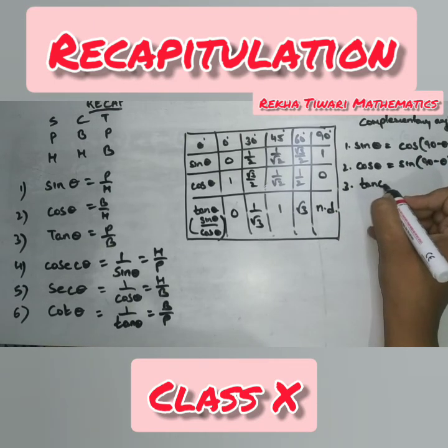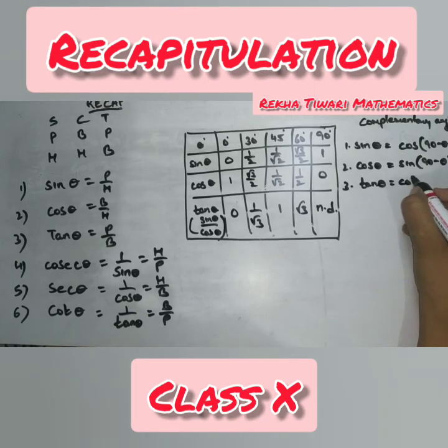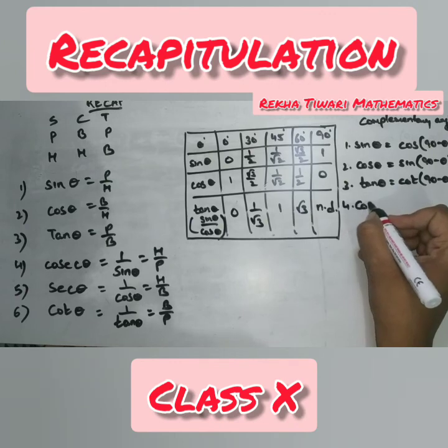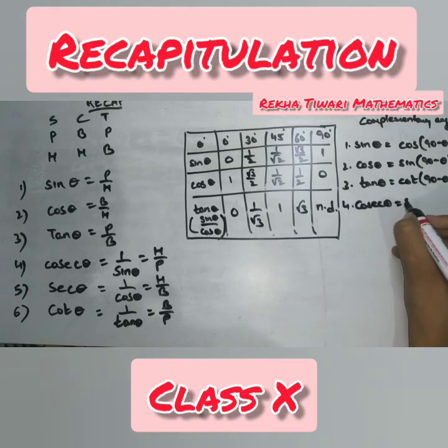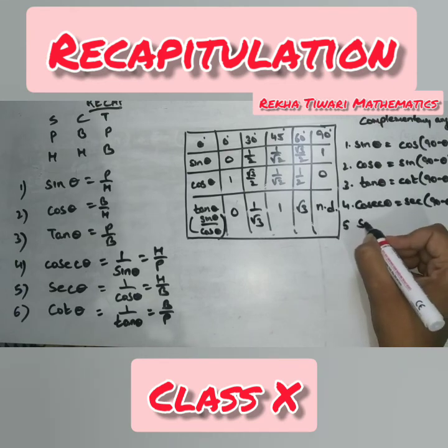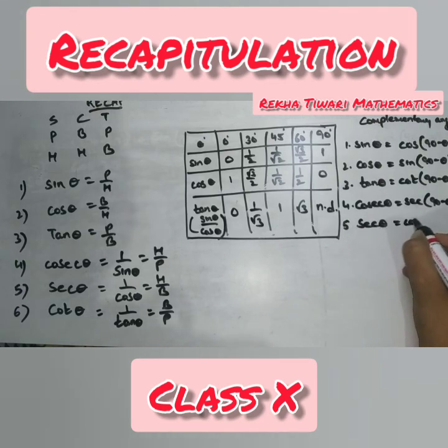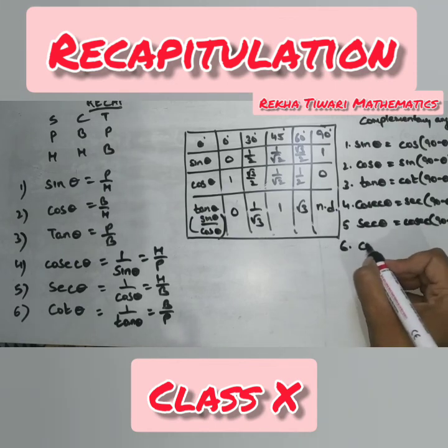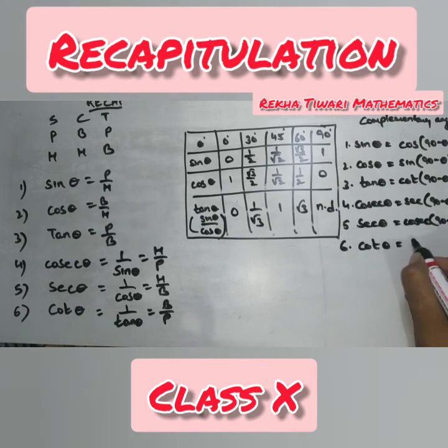Tan theta is equal to cot (90 minus theta). Cosec theta is equal to sec (90 minus theta). Sec theta is equal to cosec (90 minus theta). And lastly, cot theta is equal to tan (90 minus theta).